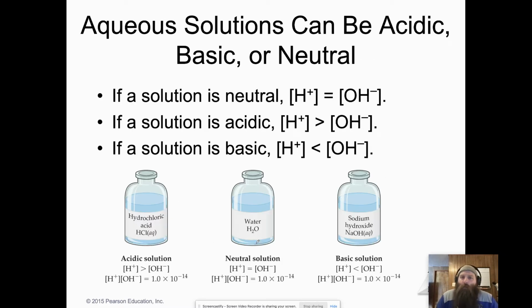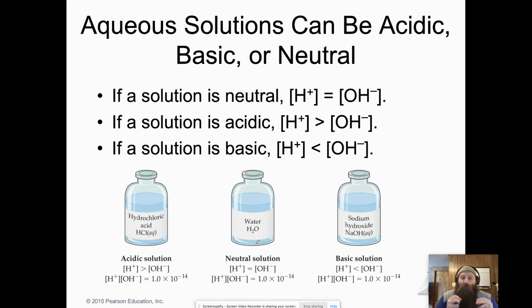But before we get there, remember that when we look at an aqueous solution, we either classify it as acidic, basic, or neutral. If it's neutral, we know that the concentration of hydrogen ions or hydronium ions, remember they're interchangeable, is equal to the concentration of hydroxide. If it's acidic, we know our concentration of hydronium ions is greater. If we have a basic solution, we know the concentration of hydronium ions is less than the concentration of hydroxide ions.